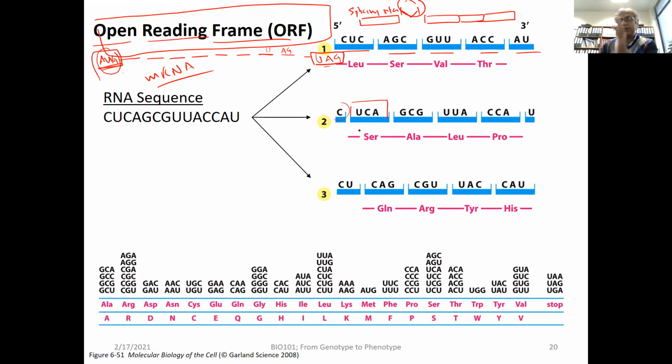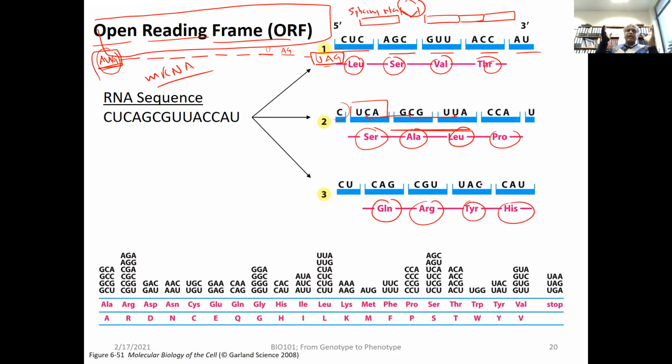So the reading frame is not starting from the first nucleotide, and from here the whole message is changing. Here you had leucine, serine, valine, threonine, but now the message is different for the same messenger RNA. If the reading frame is different, you have serine, alanine, leucine, proline. You can go to the next nucleotide. The reading frame may start from here, CAG, the third nucleotide. This could be the reading frame. Now, glutamine, arginine, tyrosine, histidine.